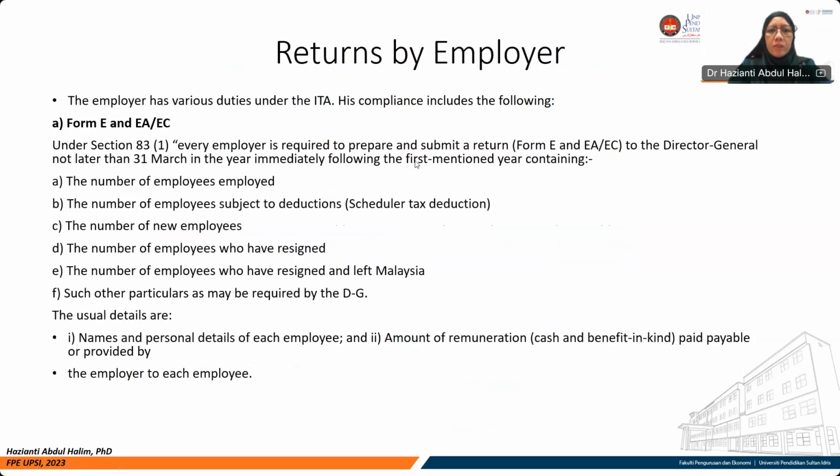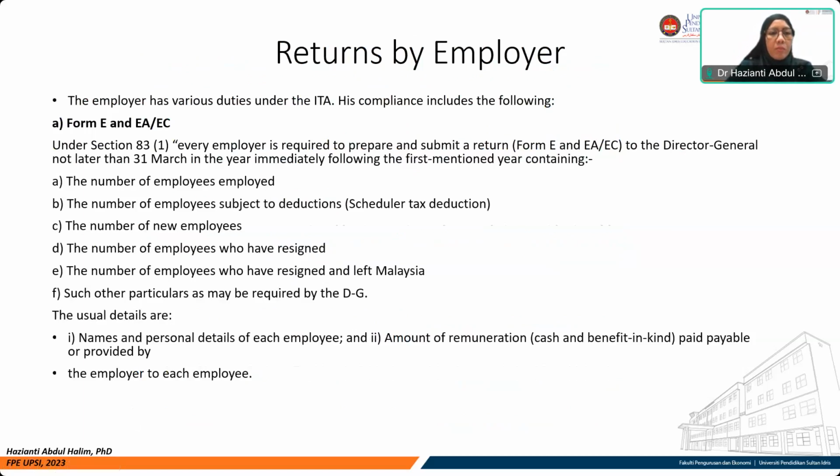All right, so returns by employer, this is what must be done by the employer. They have various duties under the Income Tax Act, such as preparing Form E, or Form EA or EC. So this is Form E for employers, not later than 31st March in the year immediately following the first mentioned year.